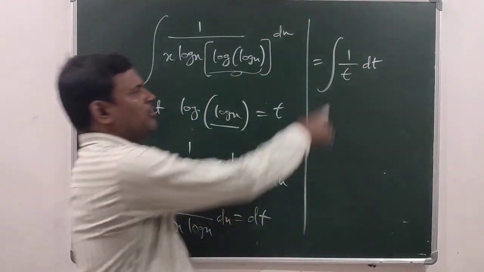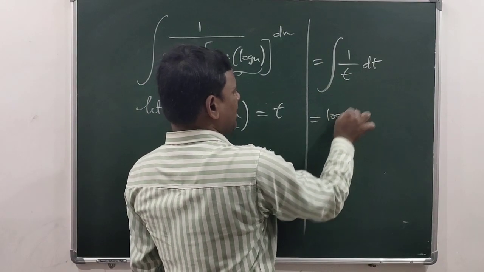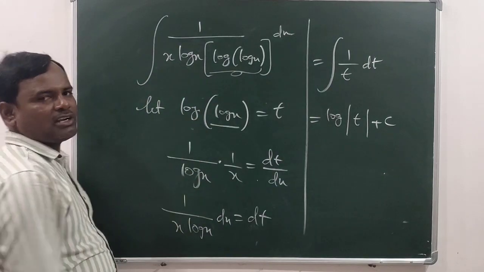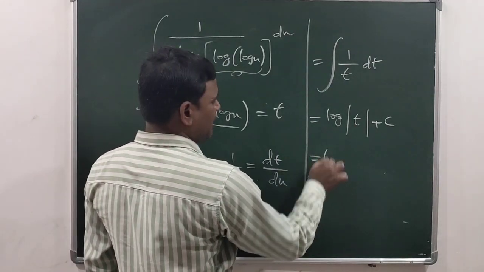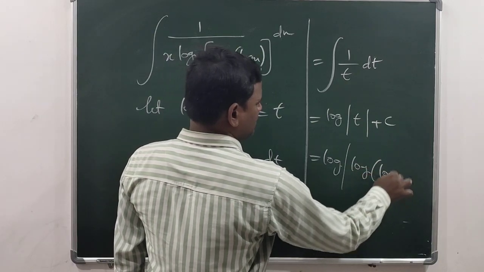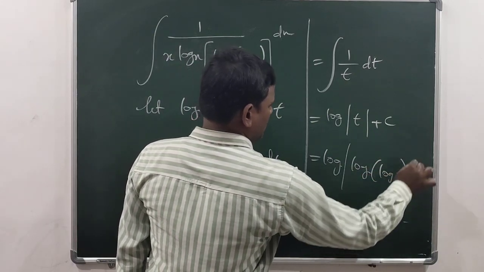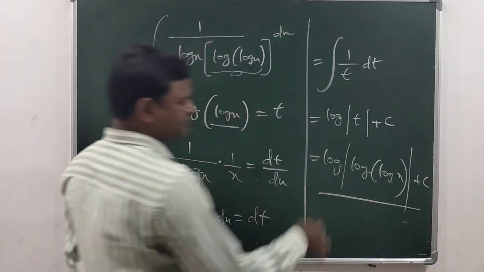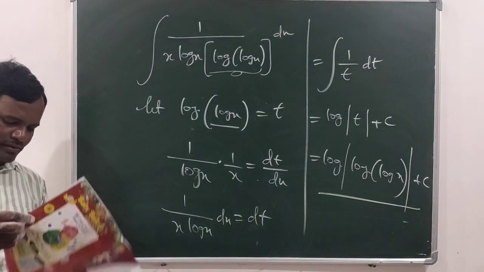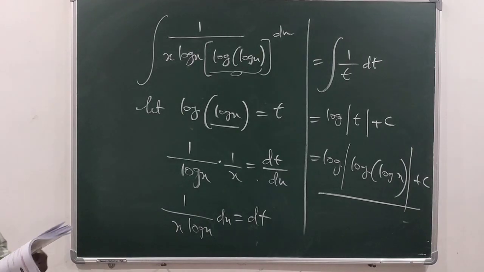As you know, whose integration will be log mod t plus c. Now t is nothing but log of log x. Replace this t by log of log x plus c. Okay students. Right. Now let us go to one more application.